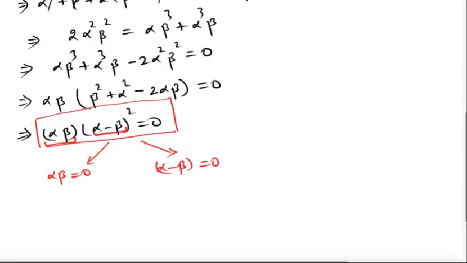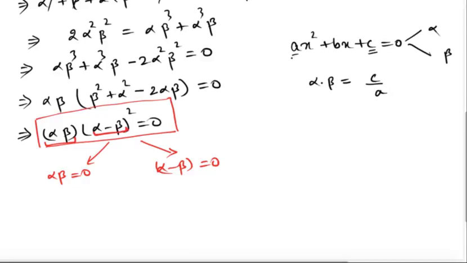So now from here, I know that my original equation was ax square plus bx plus c equals 0, and for this we had two roots alpha and beta. So from here I can say that the product of roots is equal to c upon a, this constant term divided by the coefficient of x square.